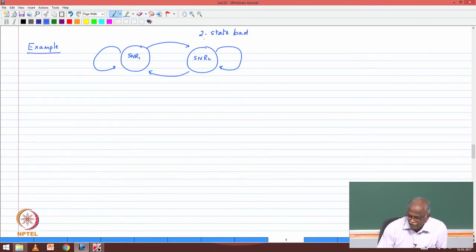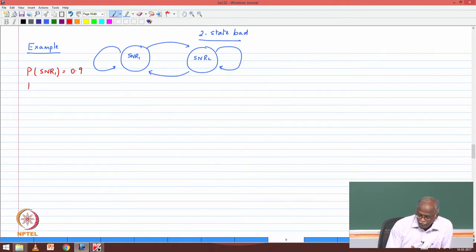Okay, and there are several interesting scenarios of analysis based on this, but this is more for us to explain the concept of diversity. So based on the analysis of this finite state machine, we are told that the probability that you are in state 1, SNR1, is 0.9. And the probability that you are in SNR2 is 0.1.